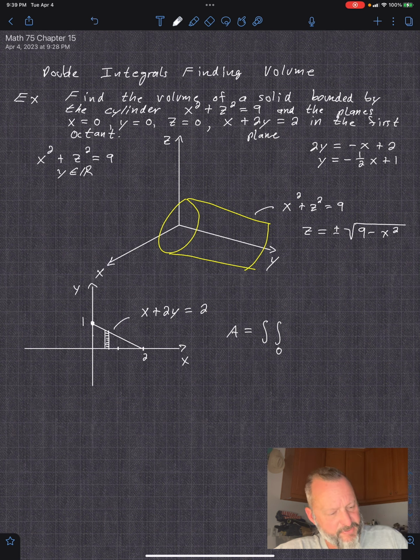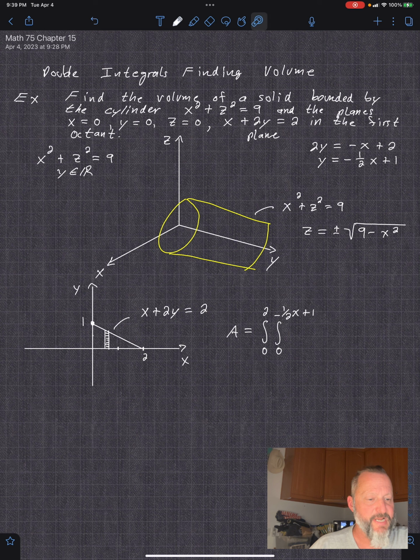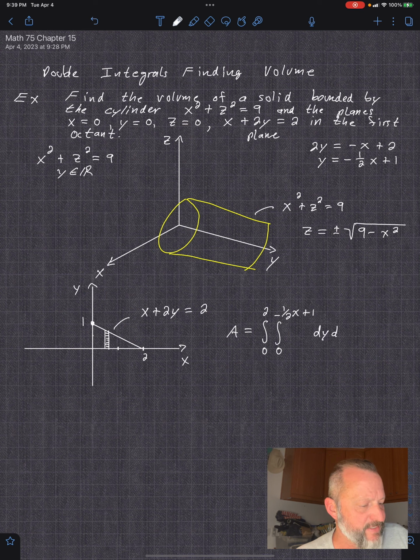So the top is negative 1/2 x plus 1, and then we add that up across from 0 to 2. Like that. Now, that's area. So you can say dA right here, or we'll do it in the right order. This will be dy dx.